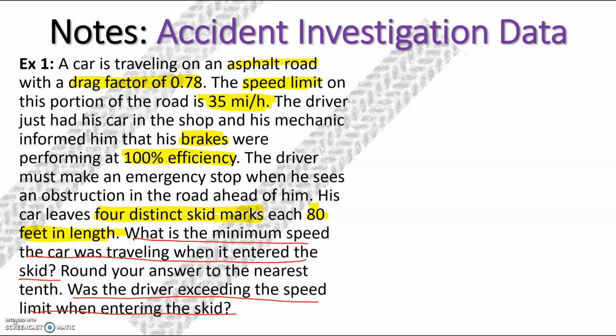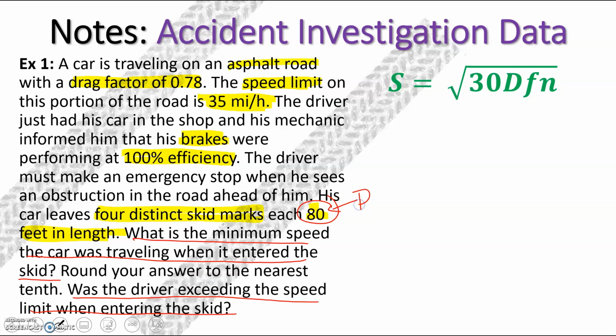So we do have 4 distinct marks, and they're all the same length, so we'll be using that 80 in our calculation. We know our formula is S is equal to the square root of 30 times D times F times N. We know that D represents the distance of those skid marks, so we know that is 80.